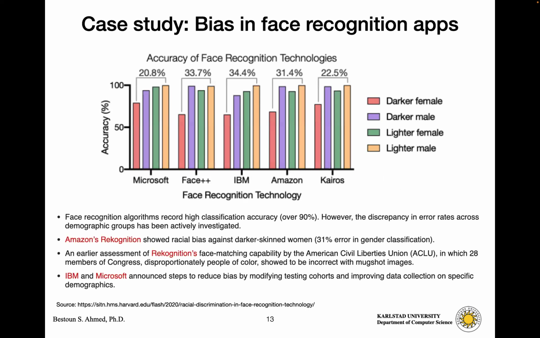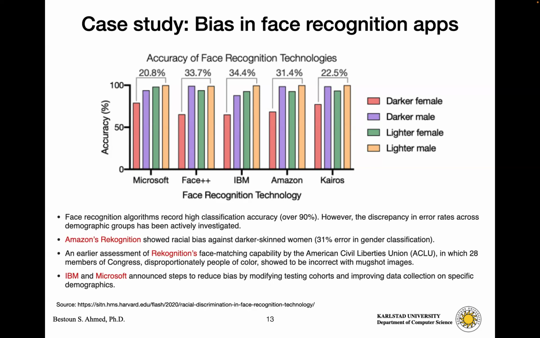Now, a case study of bias. There are many bias studies on the internet. Bias is a big research area, and you can see many results reporting bias. For example, skin color is a very common issue with the accuracy of face recognition.